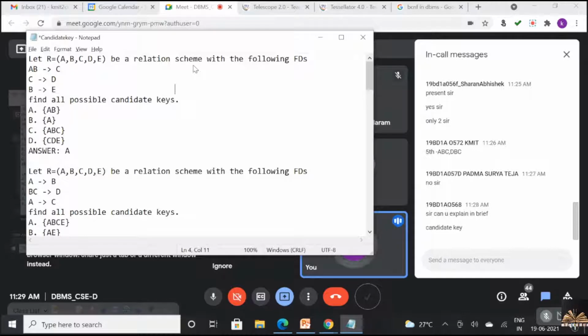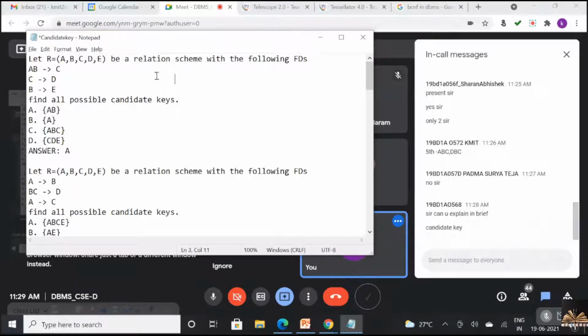Try to look at the functional dependencies given along with the relation R. Here R is A, B, C, D, E as the attributes, and AB implies C, C implies D, B implies E are the functional dependencies.